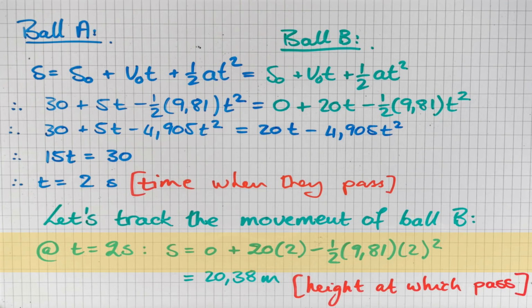And then if we calculate that, we get 20.38 meters. So after 2 seconds, these two balls will be at 20.38 meters, and they will be at exactly the same height, and they will pass each other.